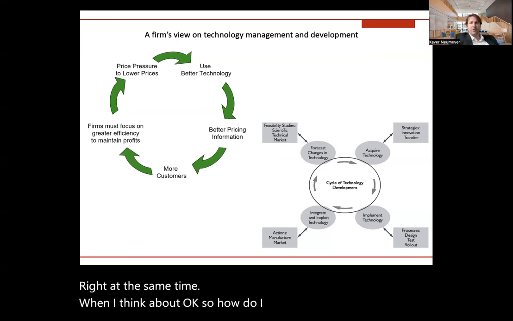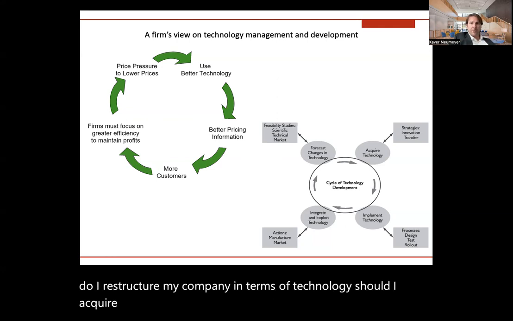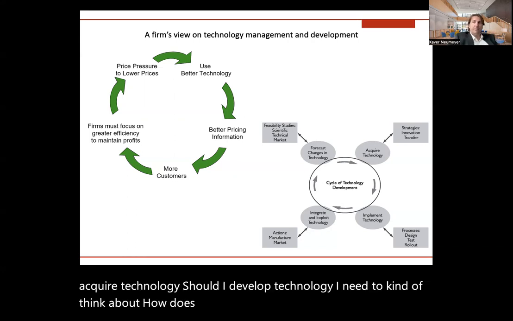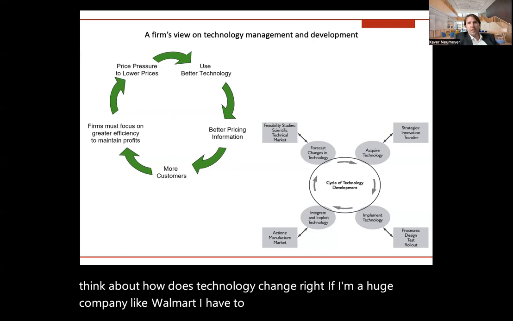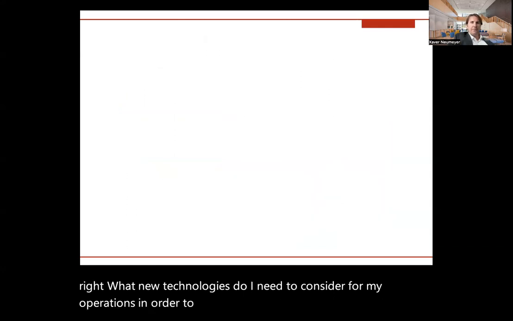How do I restructure my company in terms of technology? Should I acquire technology? Should I develop technology? I need to think about how technology changes, right? If I'm a huge company like Walmart, I have to realize how technology changes. What new technologies do I need to consider for my operations in order to be competitive?